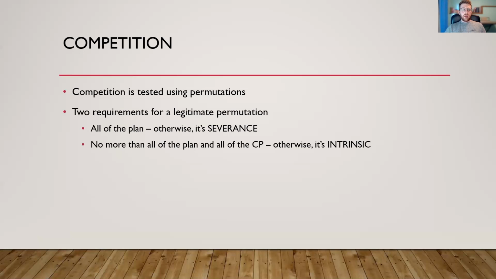And I think the best argument against intrinsicness is that an intrinsic permutation does not prove that, among the options presented, the plan can avoid the link.